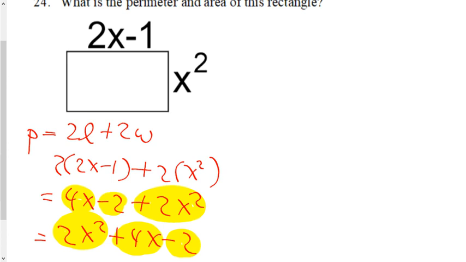But the solution for the first part of 24 is worth 3 points. The second part, your area equals length times width. It doesn't matter which you put your binomial, which one your monomial is. I always like to keep my monomial as my first term, so I'm going to make this the length as opposed to this. It doesn't matter.